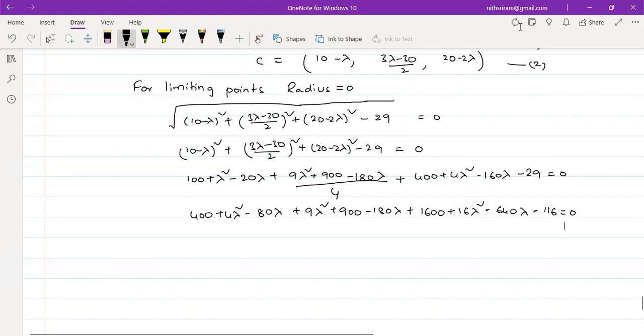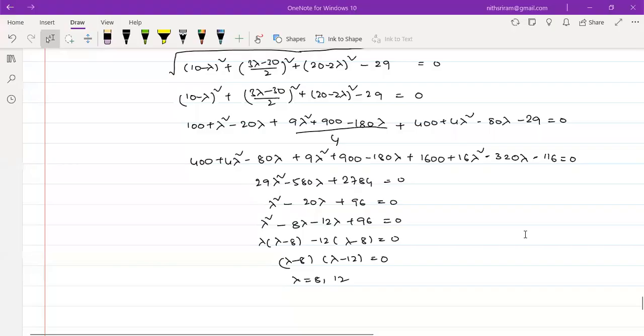Here, while expanding 20 minus 2 lambda whole square, we get 400 plus 4 lambda square minus 80 lambda, minus 29 is equal to 0. So by taking the LCM 4, we get 400 plus 4 lambda square minus 80 lambda plus 9 lambda square plus 900 minus 180 lambda plus 1600 plus 16 lambda square minus 320 lambda minus 116 is equal to 0.